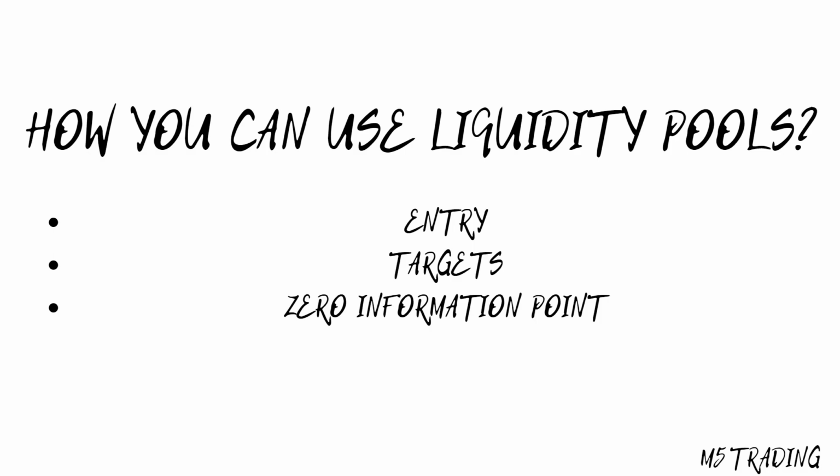For example, if you're bullish and you have some targets above previous daily high, it's still sensible to put your previous daily high as a zero information point. So when the price raids previous daily high, you will wait and try to get a bit of new information and make sure that the market will continue growing.